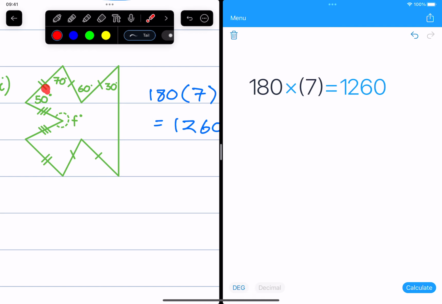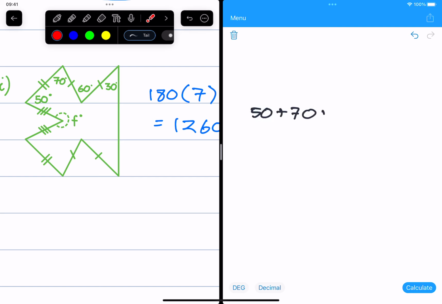Quickly adding these up, there's going to be 2 lots of 50, 2 lots of 70. This one should add up to 360, so this angle here should be 300, 2 lots of 300, and 2 lots of 30. So 50 plus 70 plus 30 plus 300 should be 2 lots of this.